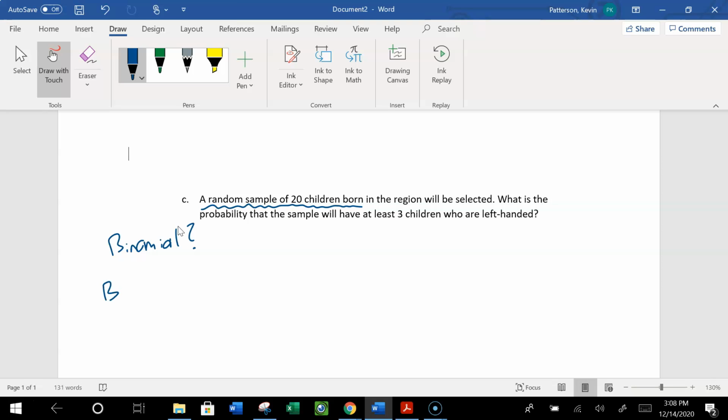We use the acronym BINS. So is it binary? Meaning, is there a clear success and failure? Success would be, since we're looking for the probability of left-handed, left-handed. Failure would be right-handed.